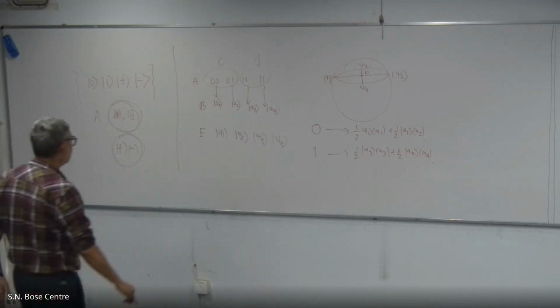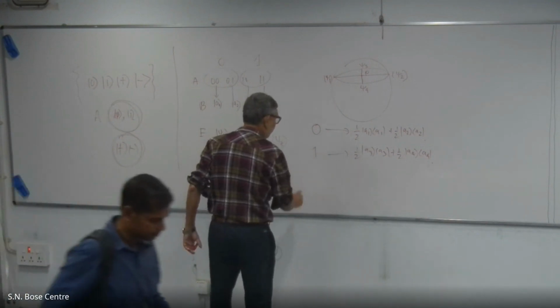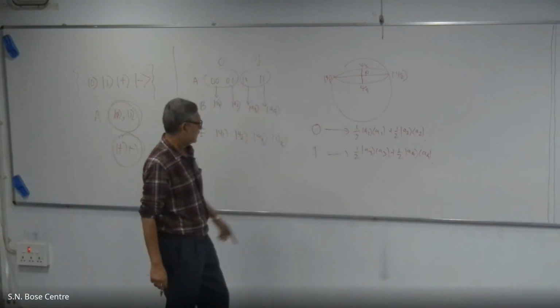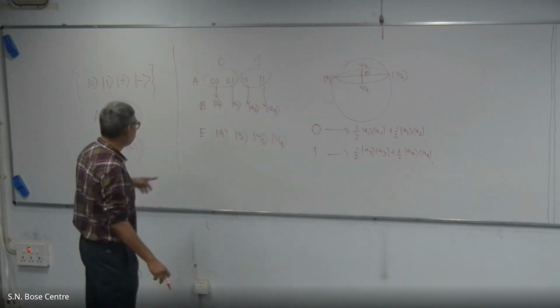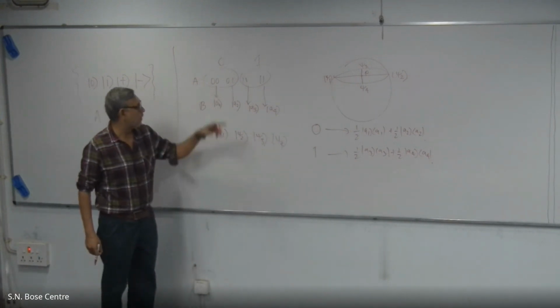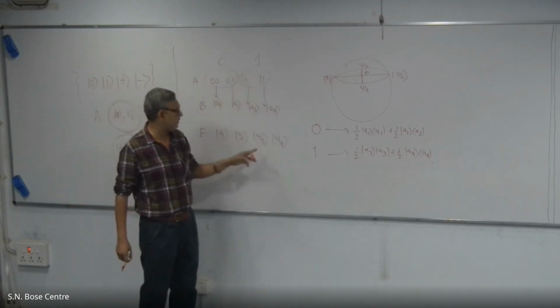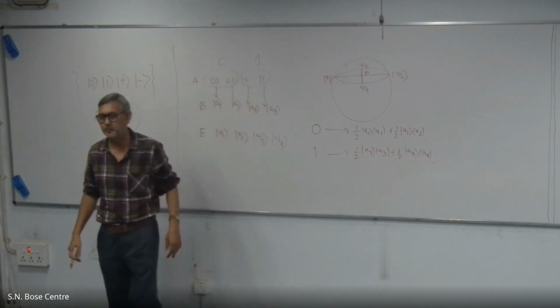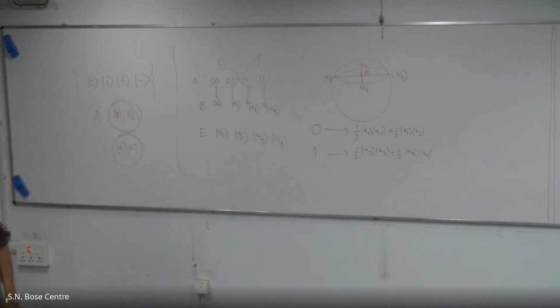But what about Eve? Same state. Because for Eve, for 0 it will be an equal mixture of psi 1, psi 2, and for 1 it will be an equal mixture of psi 3, psi 4. So it is very interesting that the state is the same whether Alice sends 0 or 1.